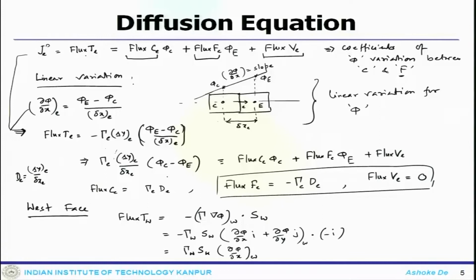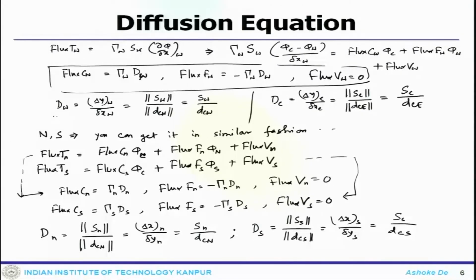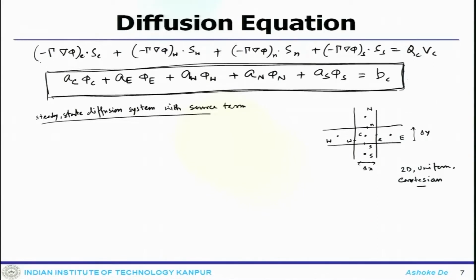And we defined one more parameter, capital D, for each face, defined for east, west, north and south, and the definition lies here. This is D west, this is D east, this is D n, and this is D s. All being done, we put all these into this expanded equation and finally obtain this algebraic equation.